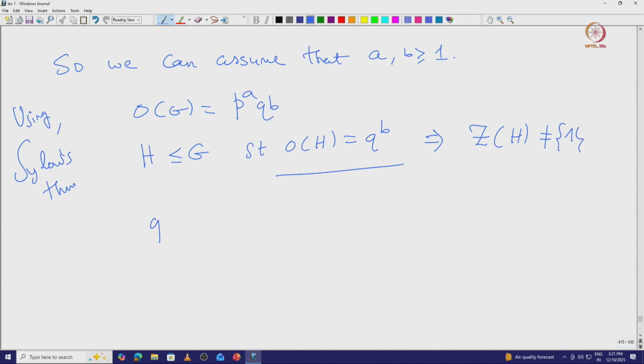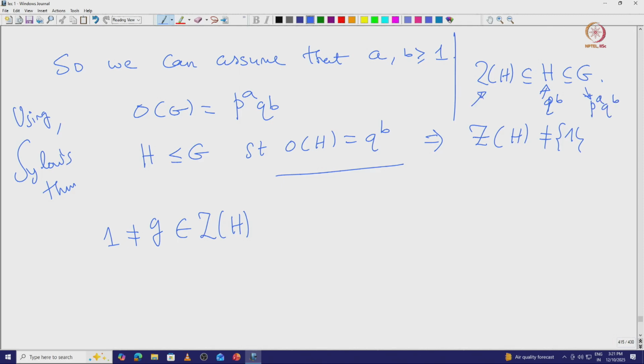So we can take g, which is not the identity, from the center of H. So we have the center sitting inside H, which is sitting inside G, and H has order q^b and G has order p^a q^b. The center has order some q^s. Now we have this g which is in the center.